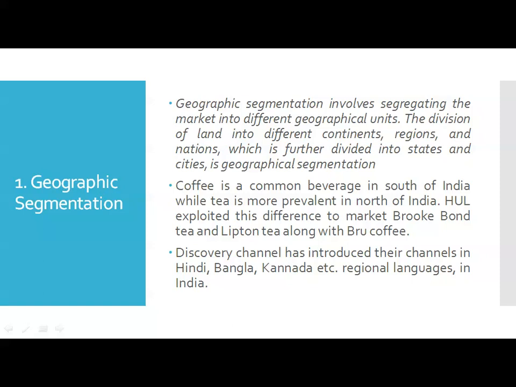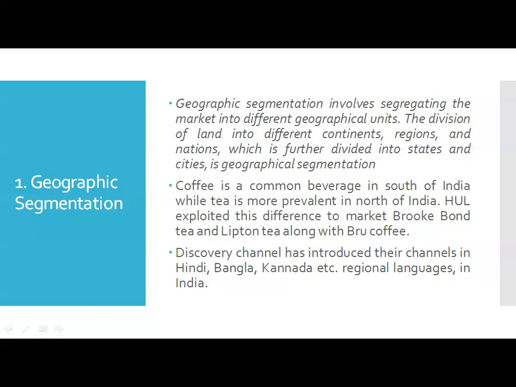The division of land into different continents or regions or nations or countries, which can be further divided into states and cities, etc. This method of segmentation is useful when variation in consumers occurs with the change of location. Geography influences the way people live and behave. For instance, marketing is likely to be different in an extreme cold region and an extreme hot region.